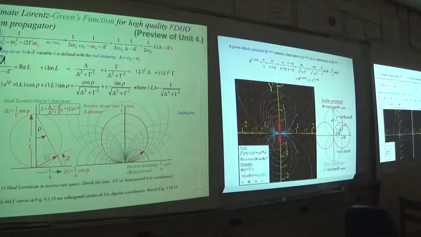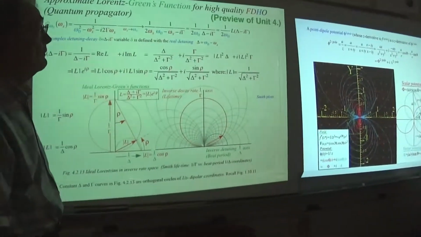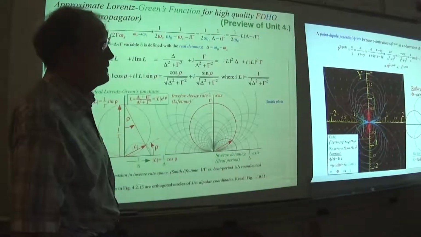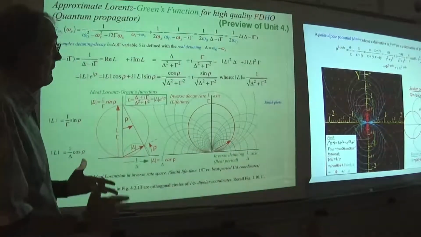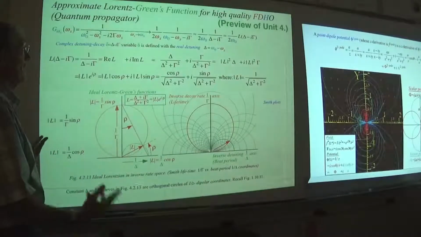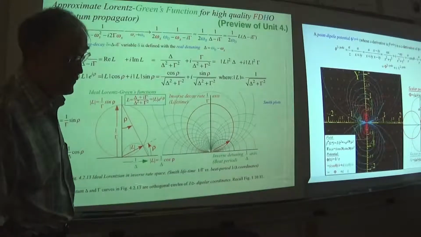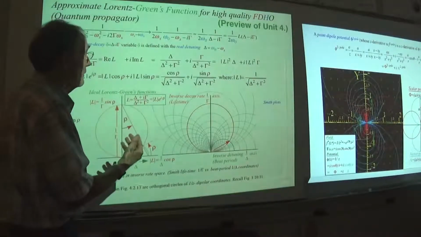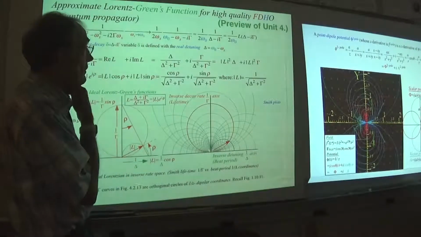This, as I say, is a preview to Unit 4, and what we're looking at is a plot of the Green's function for a damped driven harmonic oscillator. Okay, so there's so much of physics that starts with the spectroscopy that goes with exciting resonances.